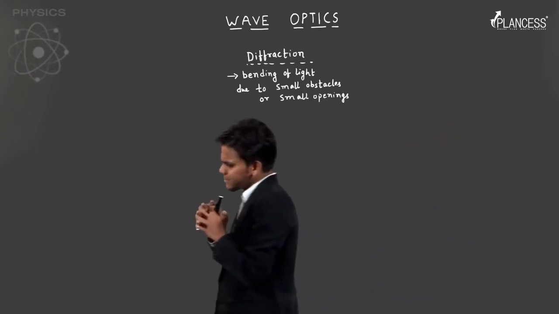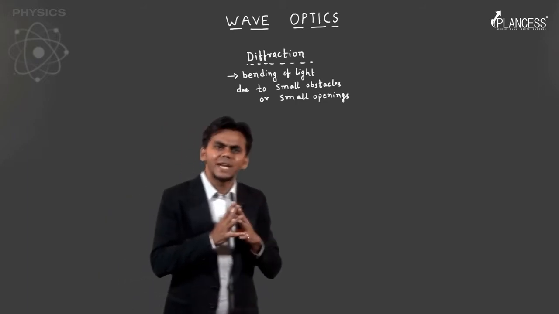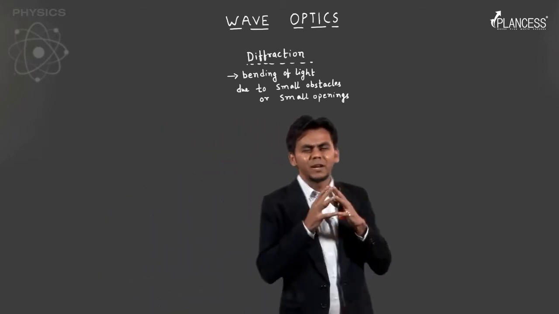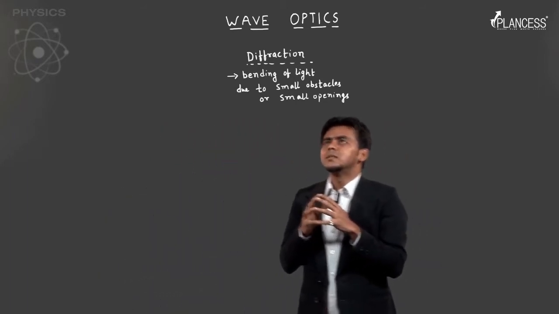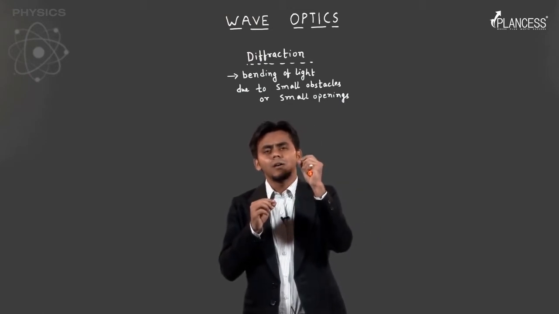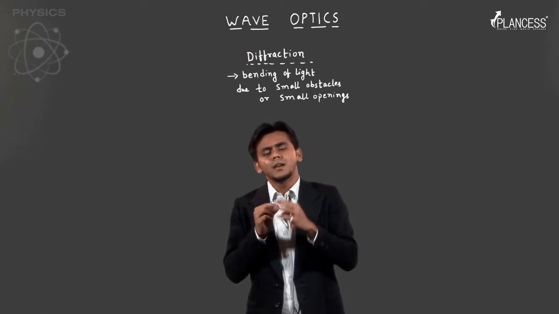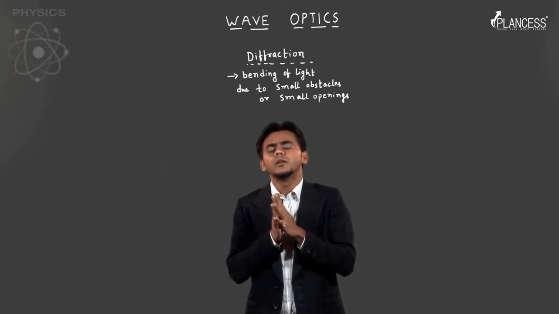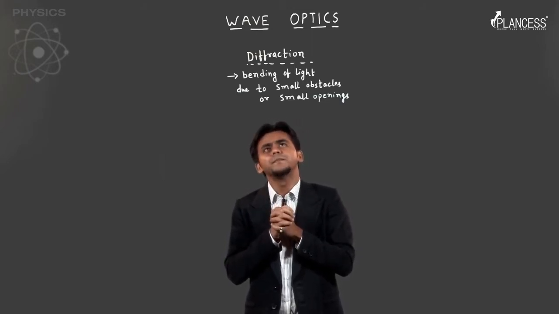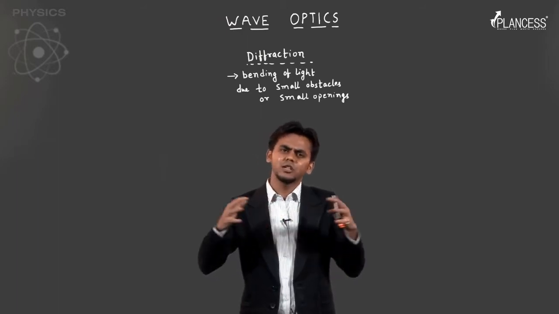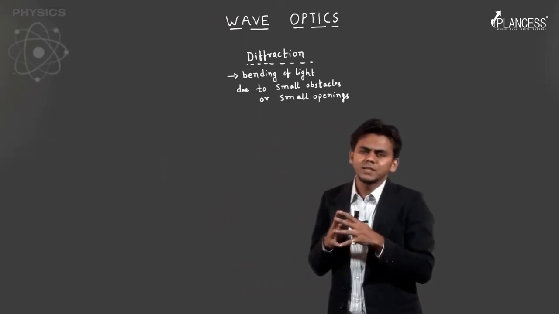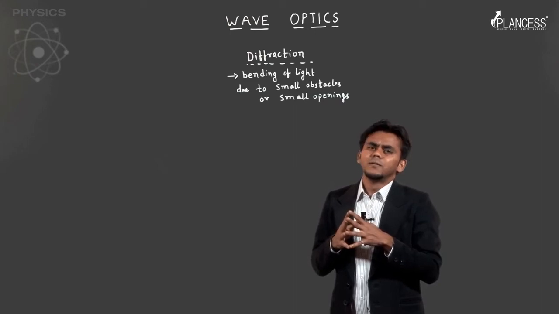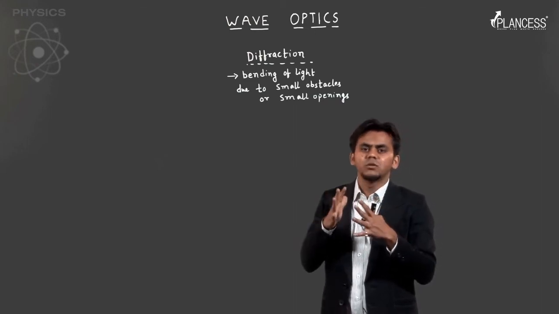And why would that happen? That would essentially happen because this wavelength is kind of an impediment to the motion of light. Why? If the obstruction was of a large value, a disturbance won't have found a way out.